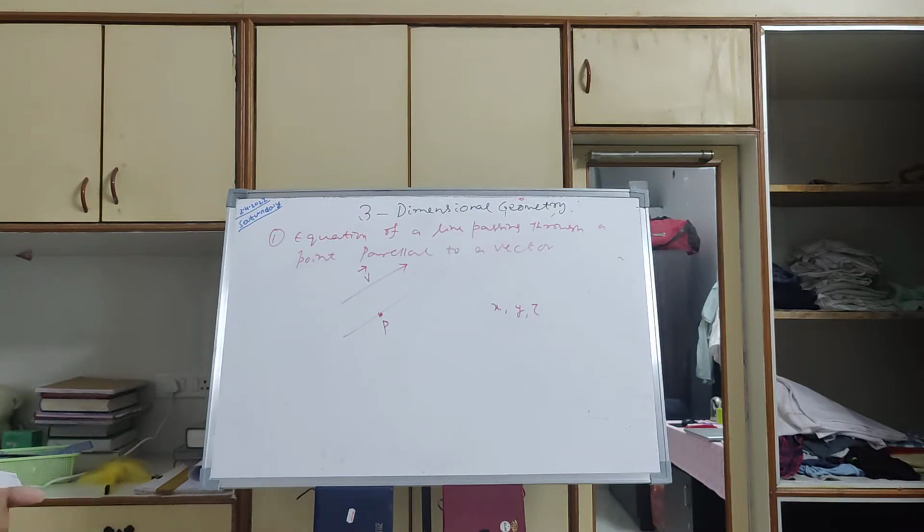Any line in 2D you write in terms of x and y, which are the unknowns; at any point you replace the coordinates x, y and you get the equation of the line in 2D. Similarly, in 3D you replace x, y, and z and you get the equation.